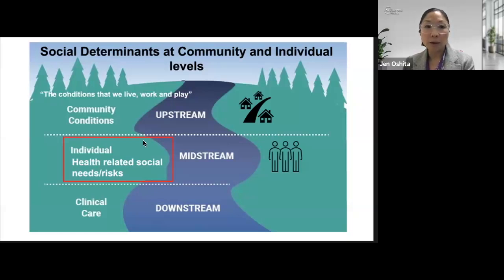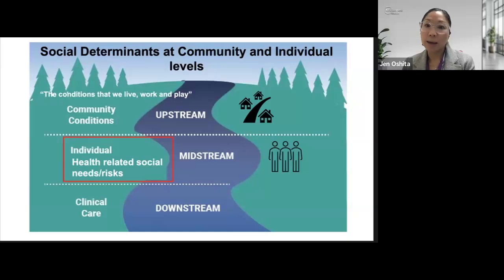And the beauty of collecting this data is that it is collectible at an individual level, right? It's going to be hard for us to ask our patients what is the community that you live in like, but we can ask them directly, are you experiencing food insecurity or unstable housing?